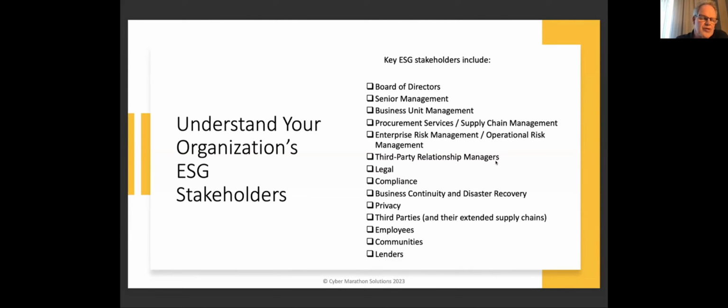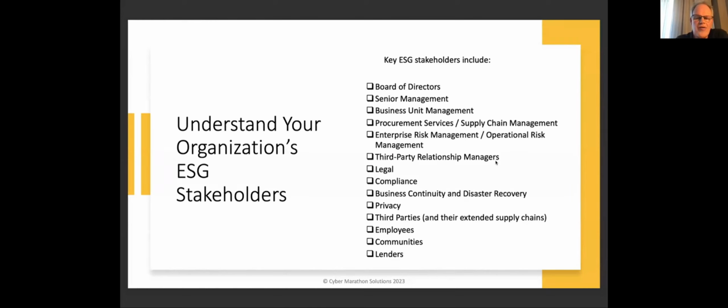Enterprise and operational risk management, they have oversight for third-party risk programs. They understand from a corporate perspective what the operational risks are, and they're going to want to know that the third-party risk program is considering those ESG risks.